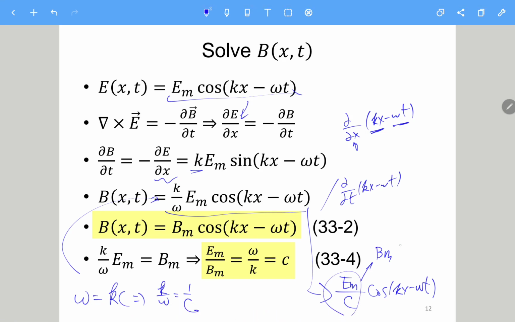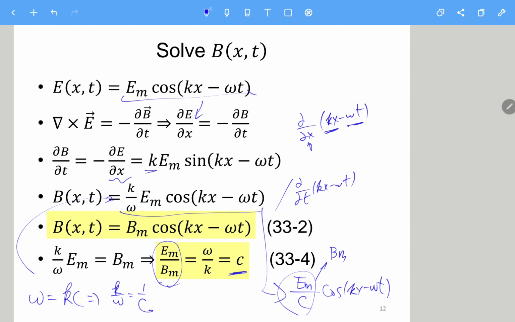So we get this Em over Bm equals c. So that's why Em and Bm, which are the amplitudes of the E field and the B field in the EM wave, should have a fixed ratio, which is the speed of light.